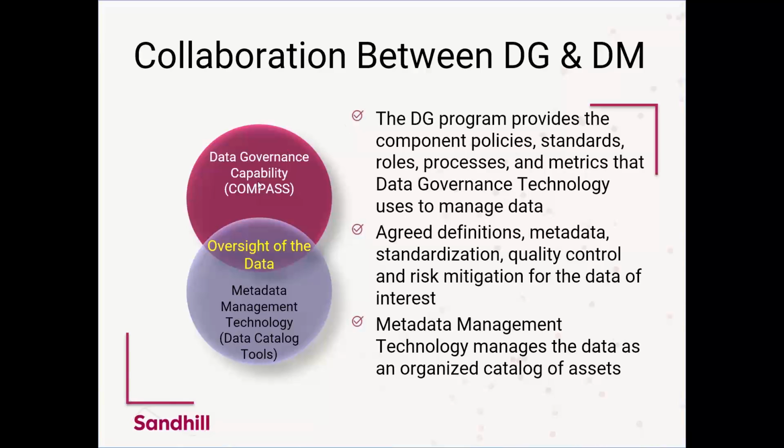It is data governance, i.e. Compass's responsibility to define what those attributes are, but the actual execution and the gathering and creation of the metadata itself is down to the metadata management technology tools. So I hope that made that clearer.